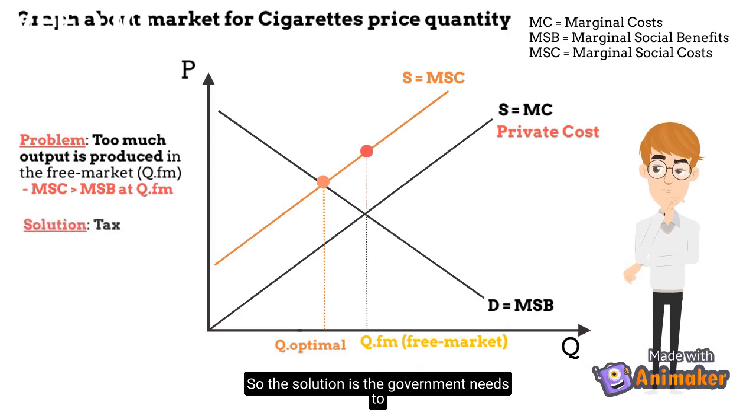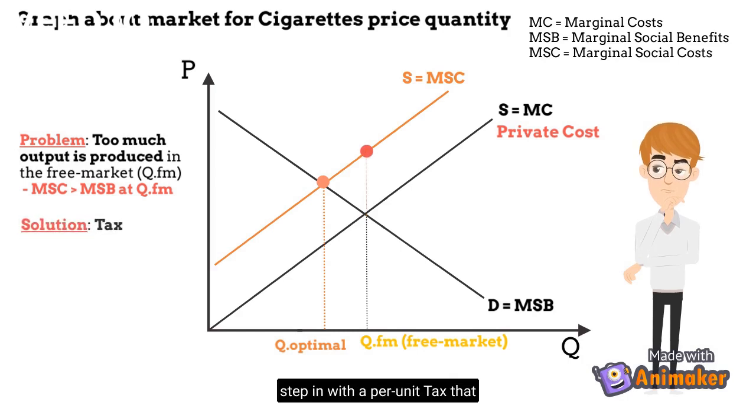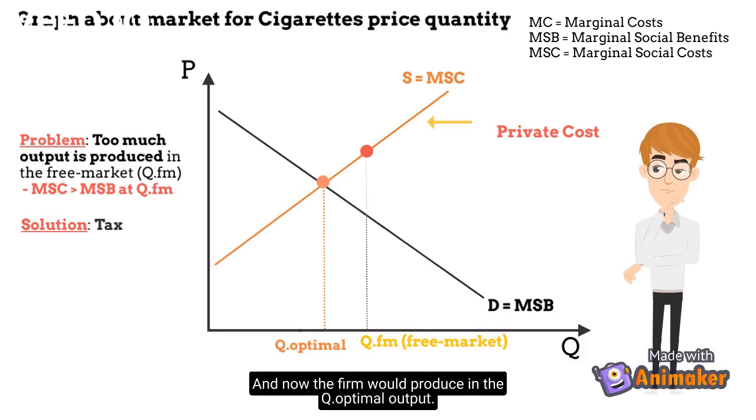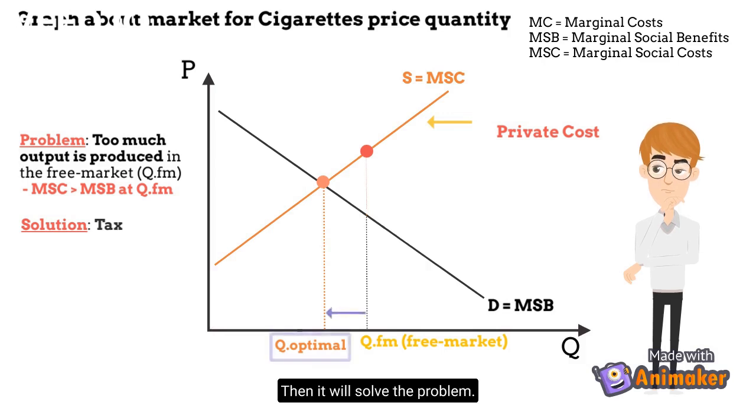So, the solution is, the government needs to step in with a per unit tax that shifts the supply curve to the left. A tax on producers would shift the marginal costs to the left, and the old supply curve would disappear, and now the firm would produce the optimal output Q optimal. Then it will solve the problem.